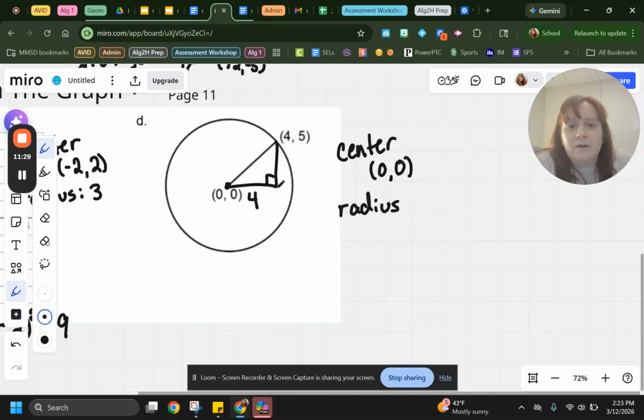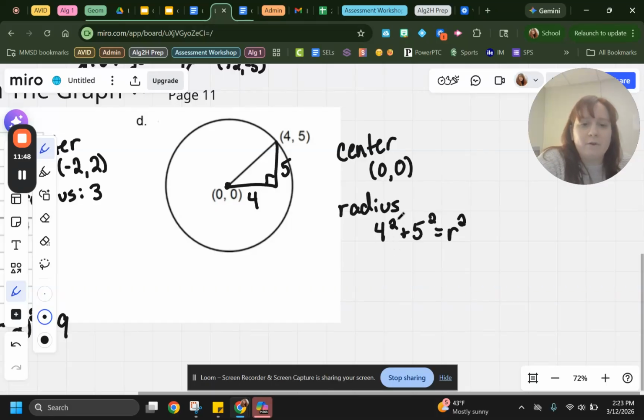This distance from 0 to 5 is 5 units. So now we're going to find this radius by taking 4 squared plus 5 squared equals our radius squared. And notice here I'm actually going to put radius instead of just c because we know this is our radius.